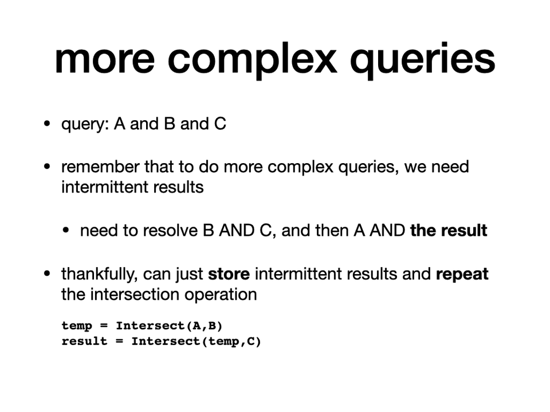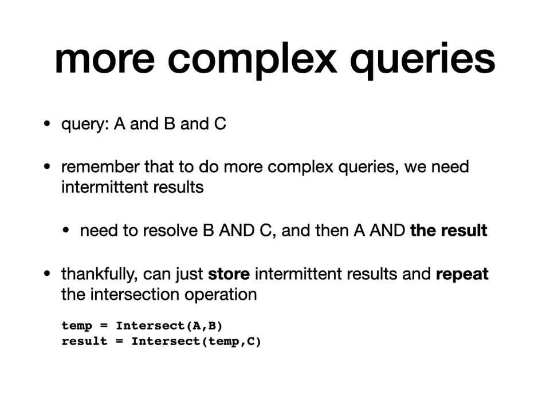So to process A and B and C, we're going to have to process A and B first, or B and C, either way works, and then whatever's left over and the result of that previous operation. So, as usual, we can just store that intermediate result and repeatedly do the intersection operation.